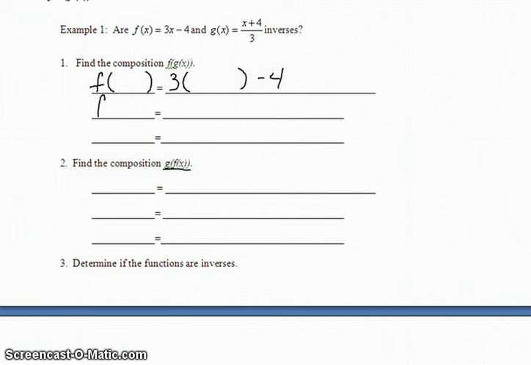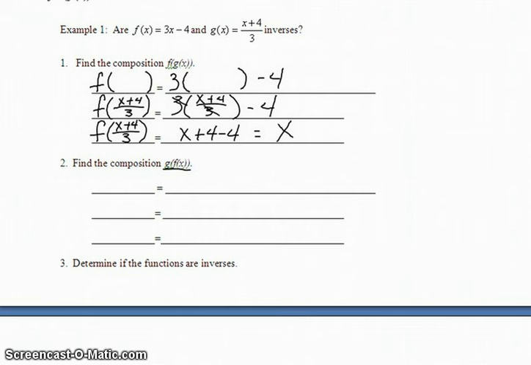So I'm going to have f of x plus 4 divided by 3 equals 3 times x plus 4 divided by 3, minus 4, and then simplify the right side of my equation. These 3's cancel, so I'm left with x plus 4 minus 4. Well, that equals x. So far, so good.